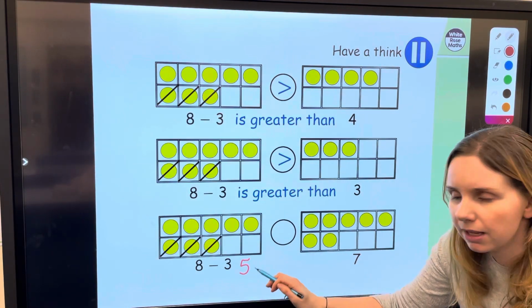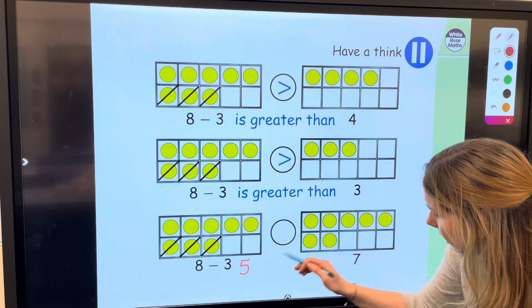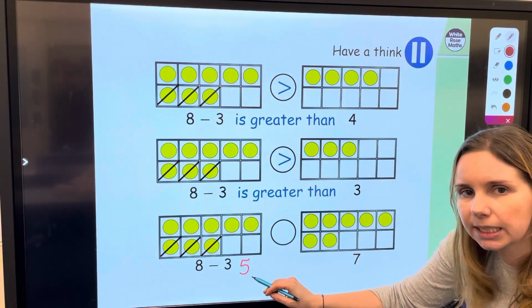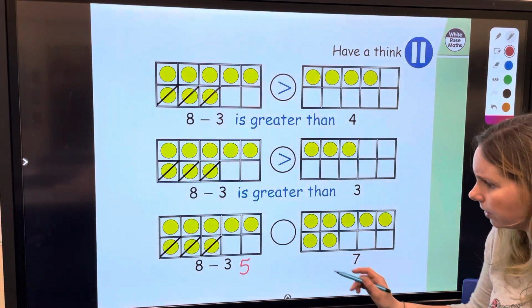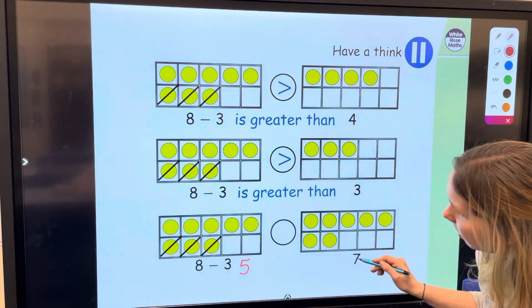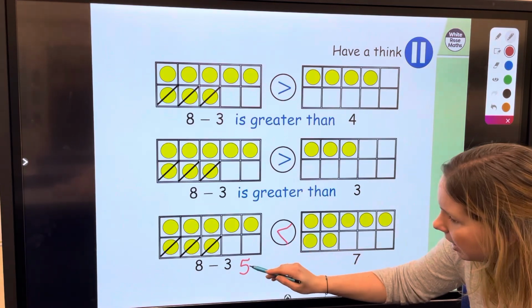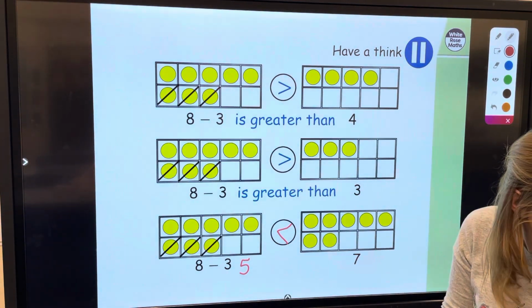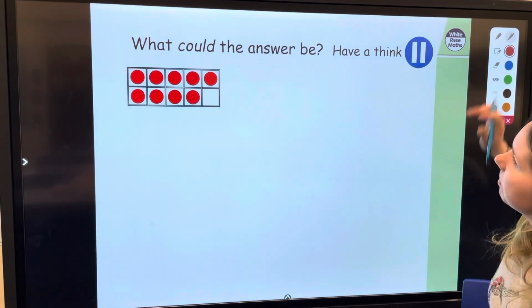We have to say, start with the first number. 5 is less than, greater than, equal to. 5 is less than. I want the pile of 7 buns. So I need to make sure that I open my mouth on the 7 this way this time. Okay, 5 is less than 7. Well done, Mrs. Eastwood.